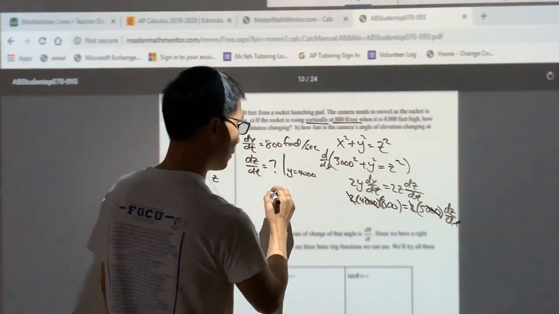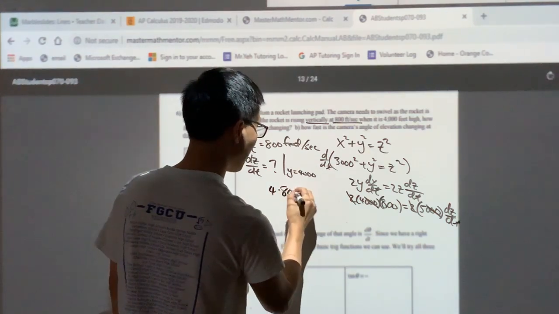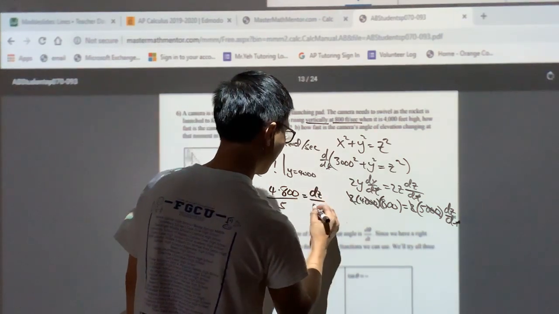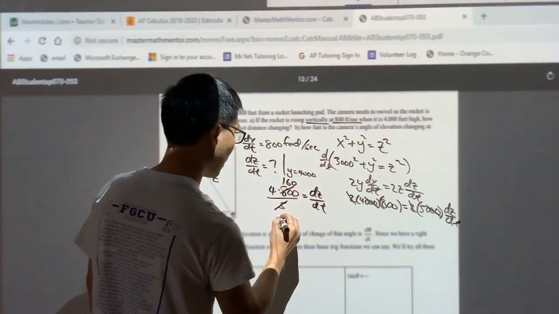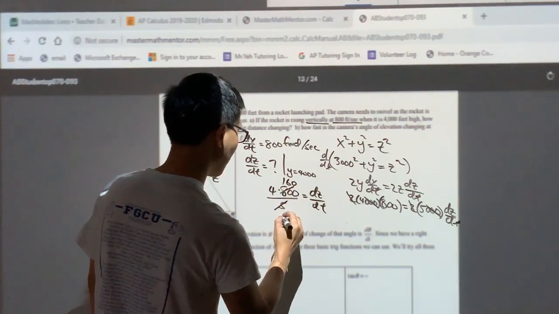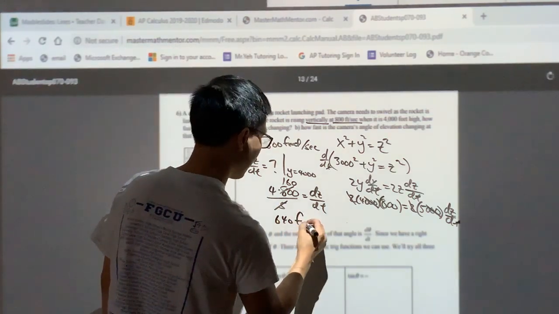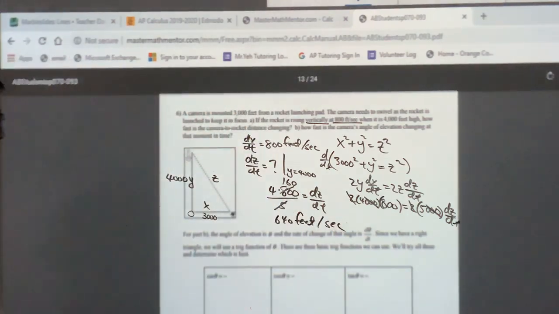So it will be 4 times 800 over 5 is equal to dz/dt, which is 640 feet per second. That's something we know already. So this is a pretty standardized Pythagorean identity triangle problem.